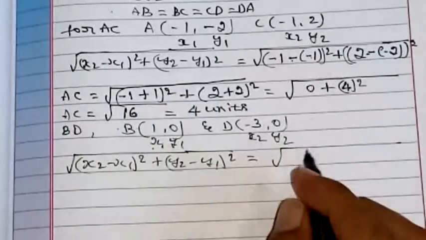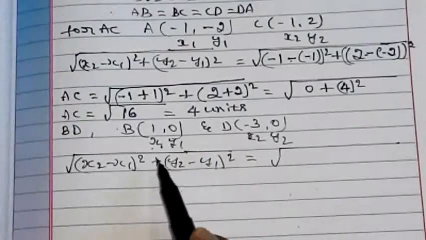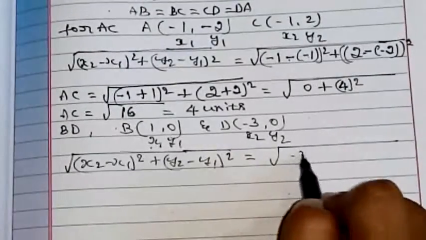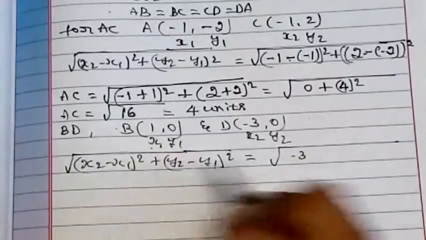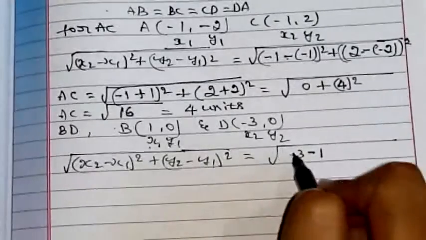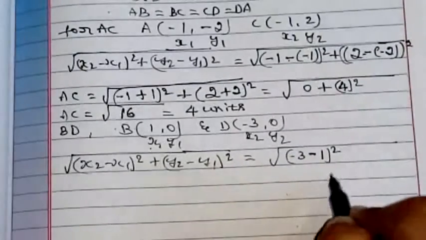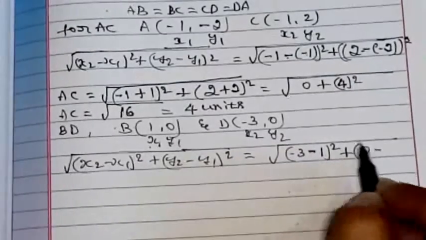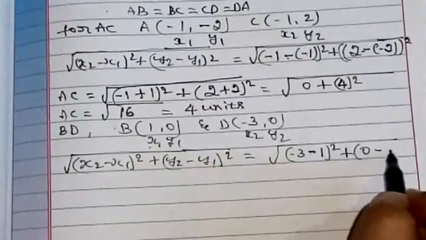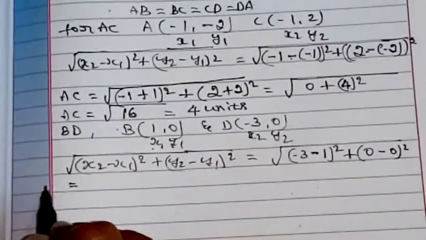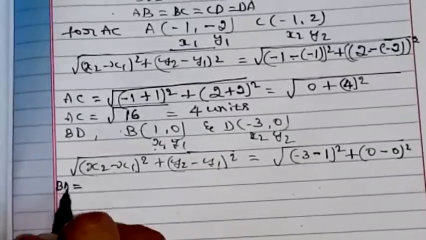That's equal to, now apply the values. So what is x2 here? x2 is minus 3 minus, what is x1? x1 is 1, whole square, right? Plus what is y2? y2 is 0 minus what is y1? That's also 0 square. So we are finding the distance between B to D, right?